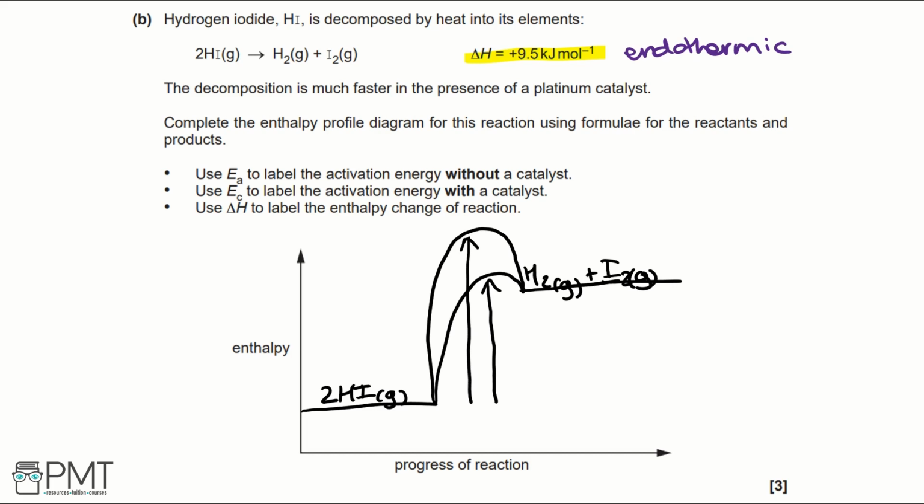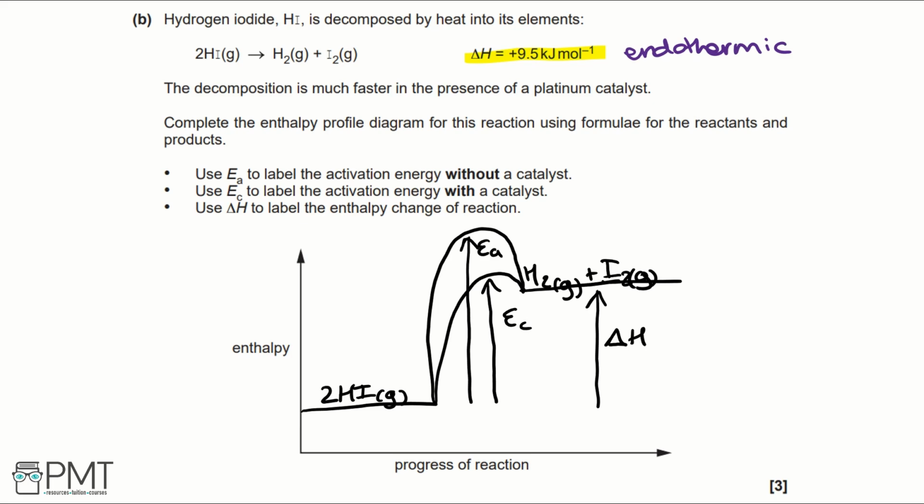The slightly higher enthalpy profile diagram will be our activation energy without a catalyst, and our slightly lower enthalpy profile diagram will be our activation energy with a catalyst. Finally, we need to label the enthalpy change of reaction, and it's a positive value, so we're going to go from our reactants to products upwards because enthalpy is increasing, and we'll label it delta H.